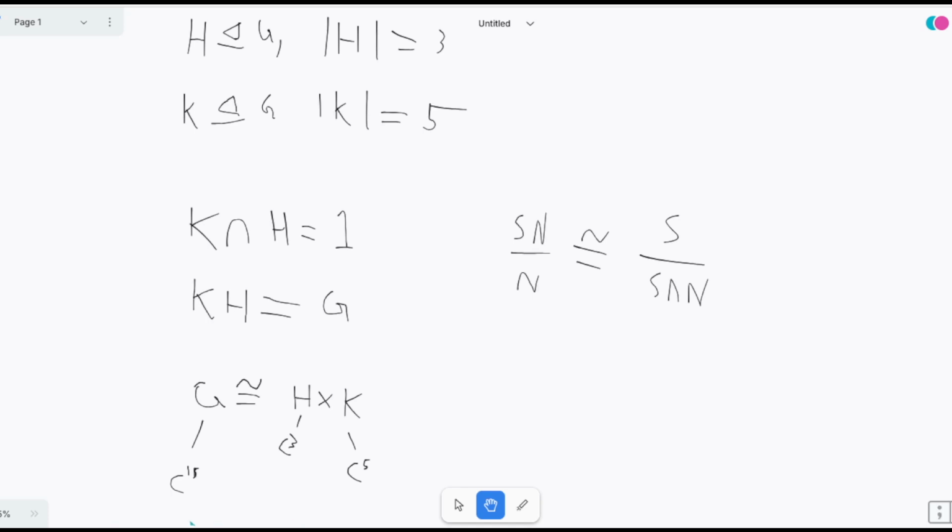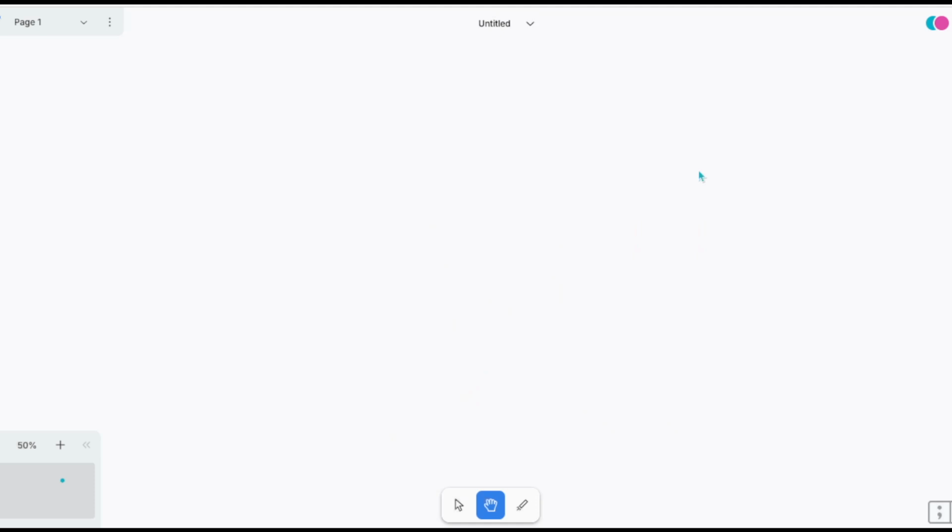So if G has order 21, notice, by the way, in both these cases, 15 is 3 times 5, and 21 is 3 times 7. In both of these cases, we have a small number of prime factors of the order of G, and that's generally when the Sylow theorems are the most useful.